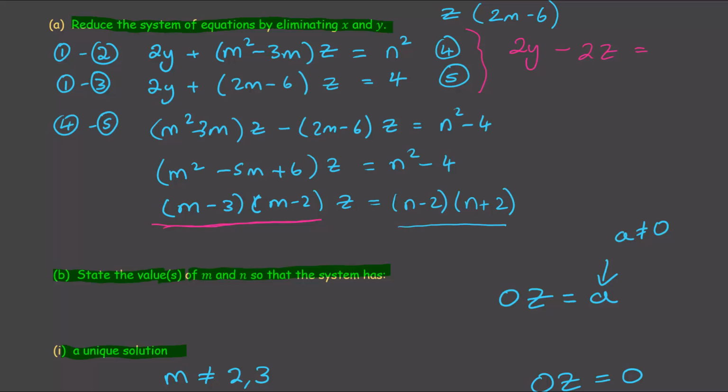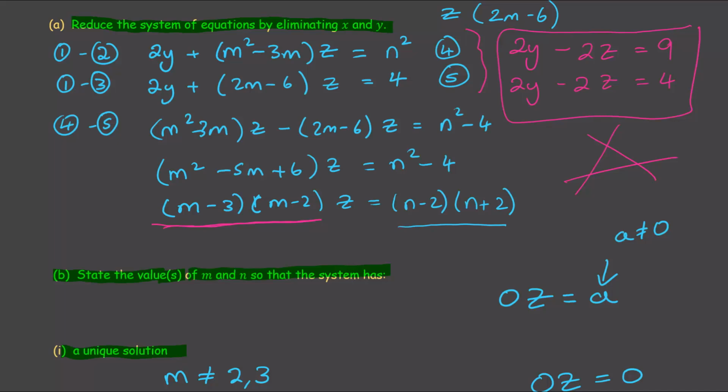Let's take n is equal to 3 or something, and then that would be 9. And then if we look at equation 5, we'd have 2y, and then we'd have 4 take away 6, so minus 2z is equal to 4. And we can see that those are inconsistent equations. And so it very much looks like that one would be a Toblerone box.